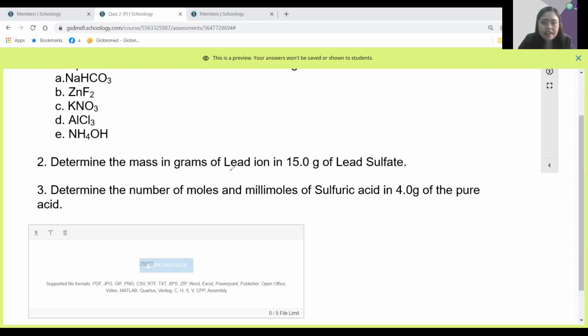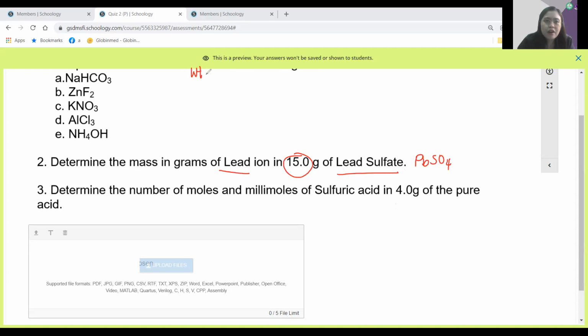Okay? So again, determine the mass in grams of lead. Gaano karami yung lead sa 15 grams of lead sulfate. So lead sulfate, class, is PbSO4.